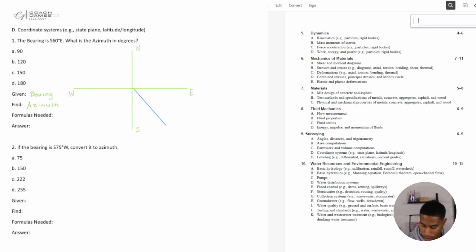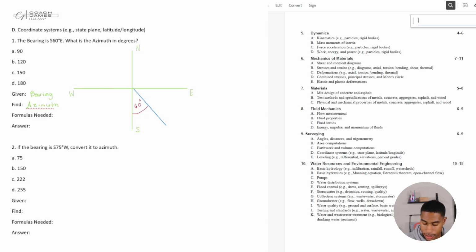This line is going to be 60 degrees from the south. So this is 60 degrees. So I know that this is how I draw it as far as bearing. What is that as far as azimuths?